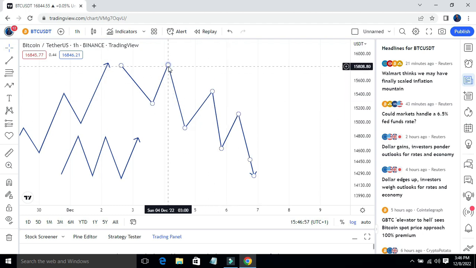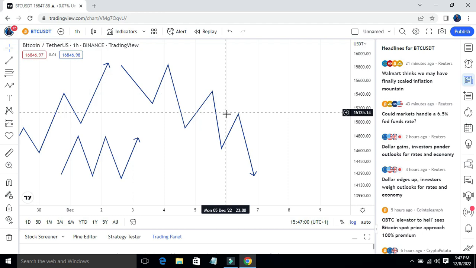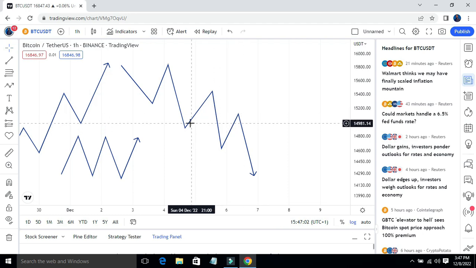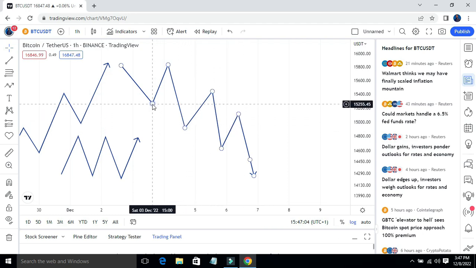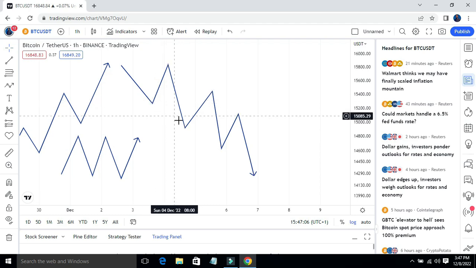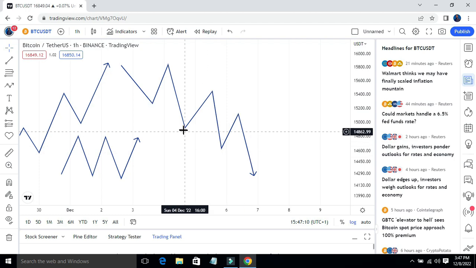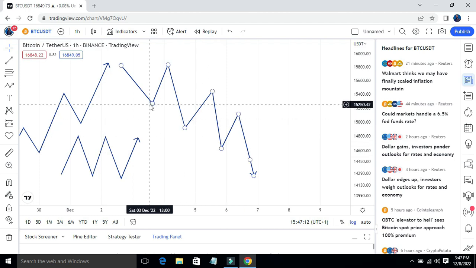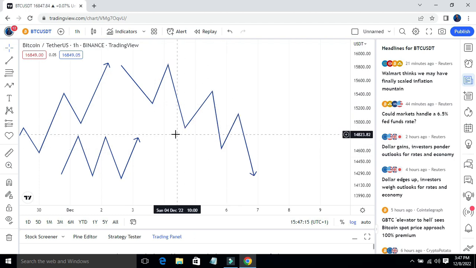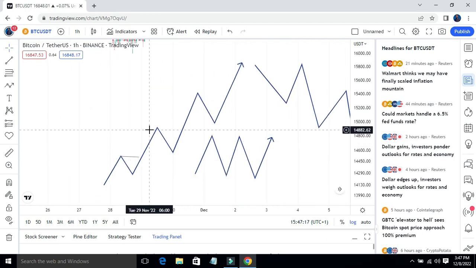So when the market is printing something like this, we say the market is printing lower highs. So if you look down, this is a low, this is a low, this is a low. If this low is lower than this low and this one is lower than this low, we call it what? A lower low.